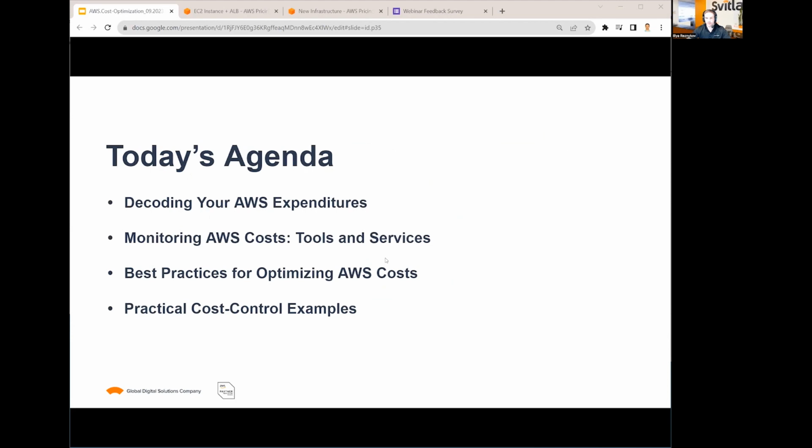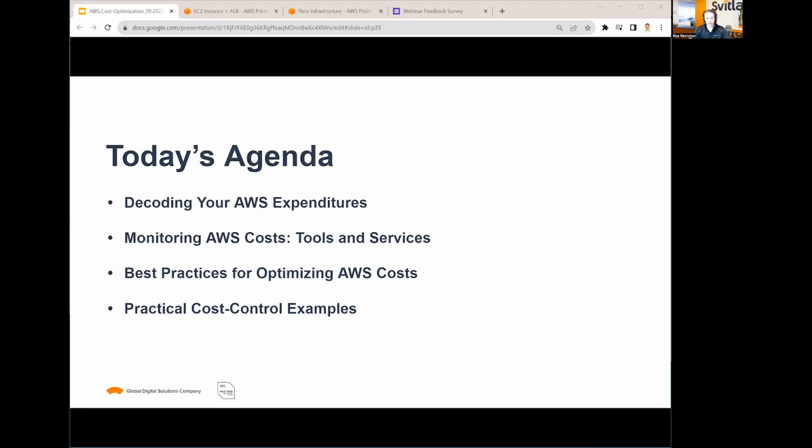Today we will speak about decoding AWS expenditures. So we'll take a look at what we are able to see from tools which are provided by AWS natively. Let me say that we will not provide a technical deep dive on how to tune a particular service or resource to be more cost efficient, but mostly speak about how we could estimate, how we control our cost, how we could manage them.